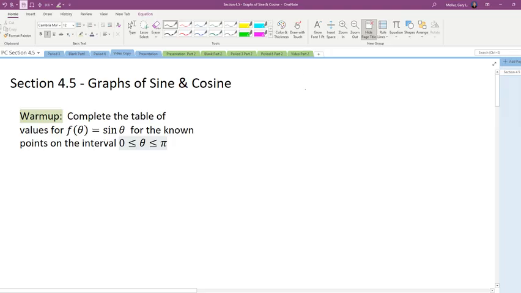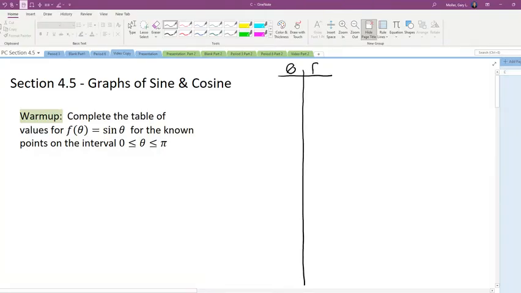All right, so I'm going to do this as quick as I can. I'm going to make myself a fairly large table of values where my input is theta and my output is f of theta, or in this case, whatever the sine of theta is. I'm going to try to do this from memory without drawing the unit circle. So the sine of 0 is the y value, so that is input of 0, output of 0.